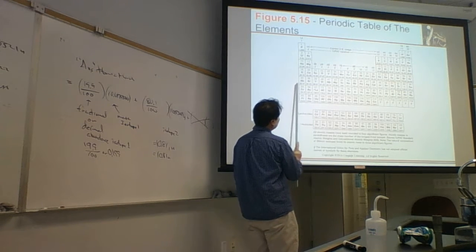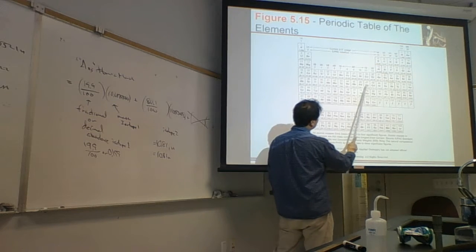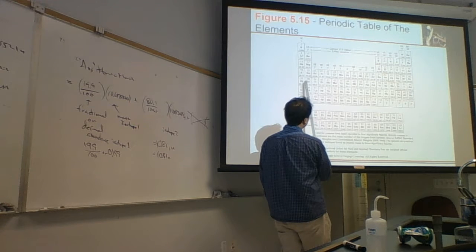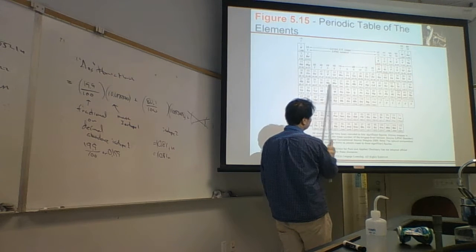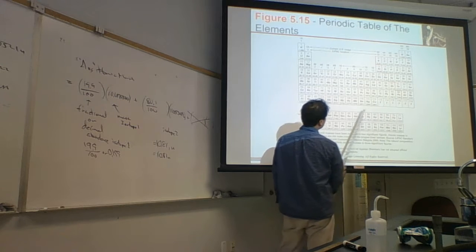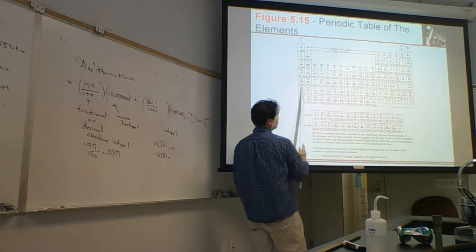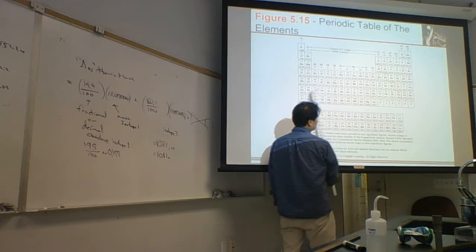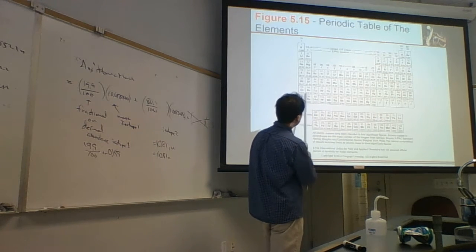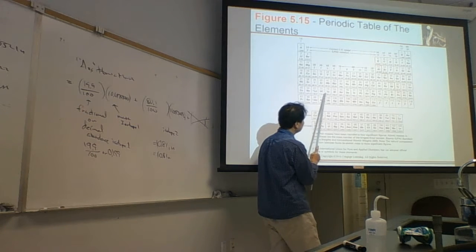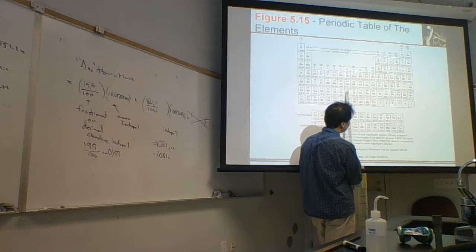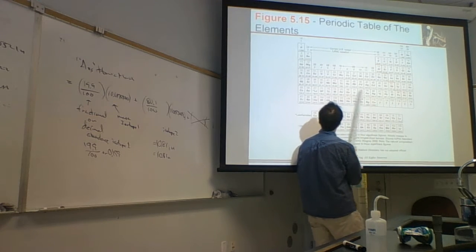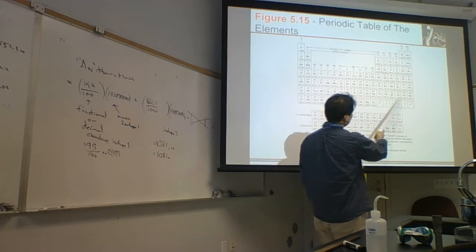And if we look at a row, it is called a period, and in a period, the chemical properties gradually change across the period. An example is this. All the metals are grouped on the left here, and the non-metals are grouped on the right here. So as we go across a period, we gradually change from metallic properties to non-metallic properties. Over here, we start off with cesium and end up with radon.